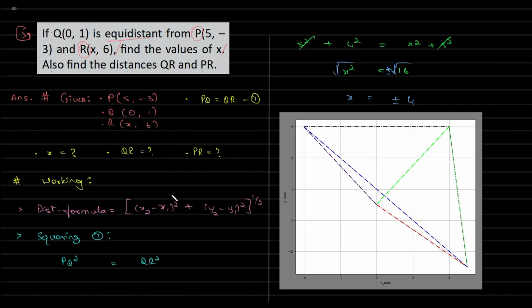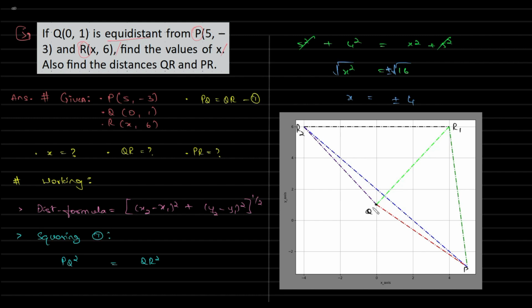So we have the PQ. We need to find where Q is. I think this is (0, 1), that is our Q. Then this is (5, -3). That's P. This is (4, 6). That's R1 and R2. There are 2 points.